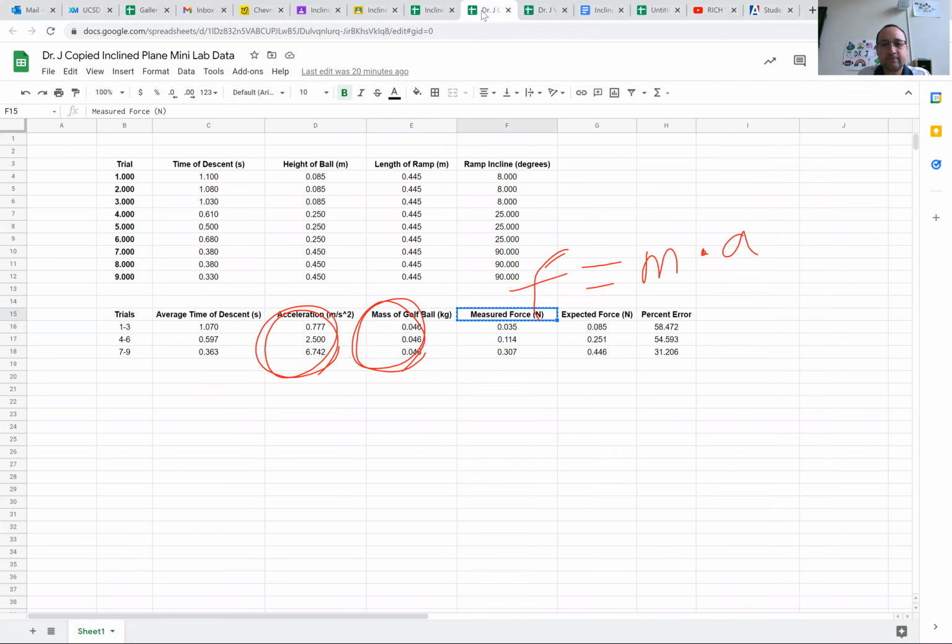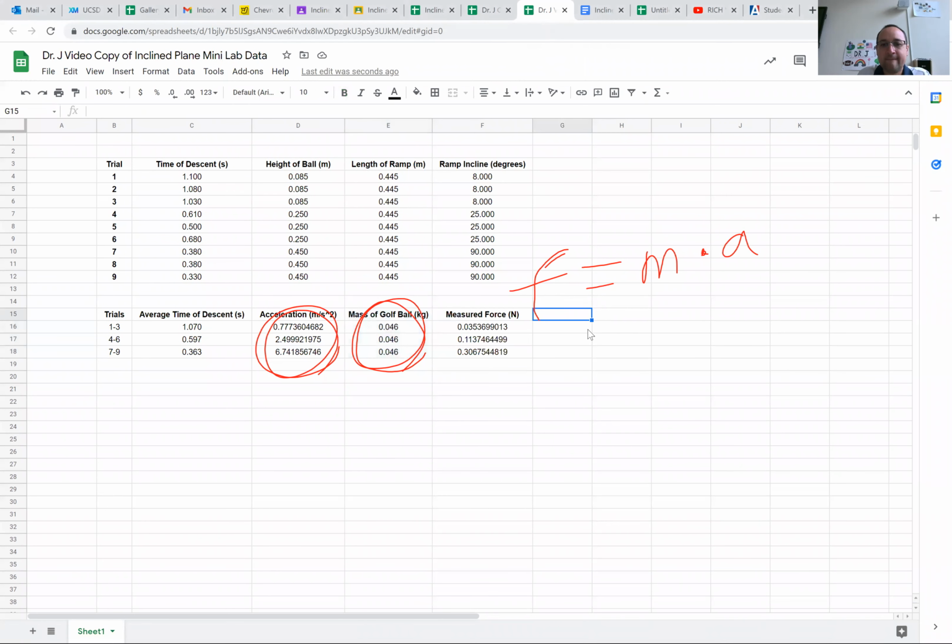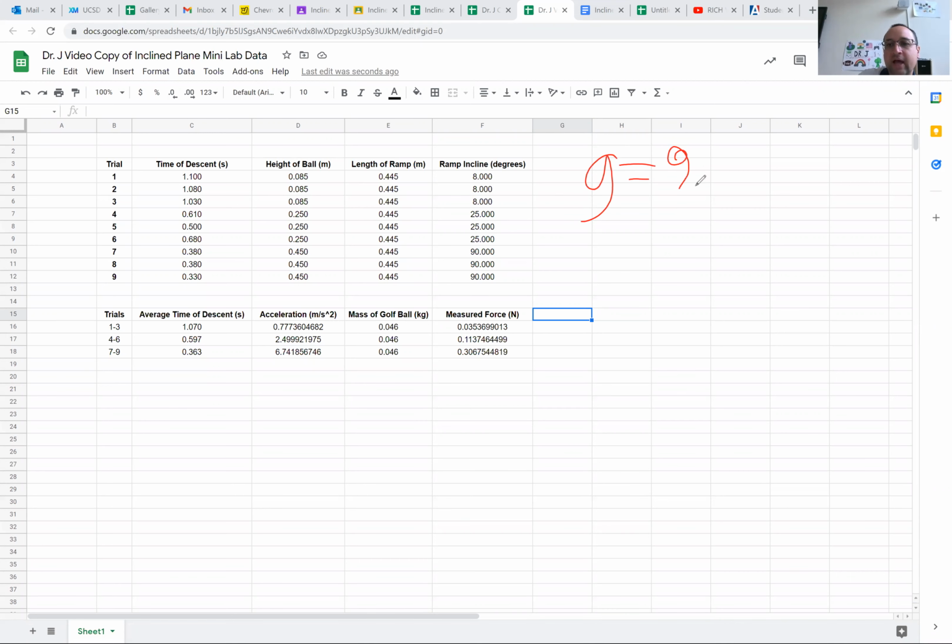Now I've got two last things to do. So now I'm going to calculate an expected force. The way I calculate my expected force is to multiply the known gravitational acceleration, so little g equals 9.8 meters per second squared. And what you actually do is you multiply it by this height divided by this height.